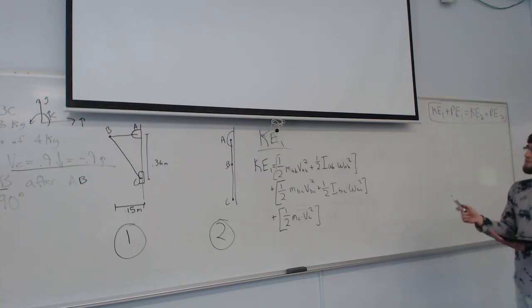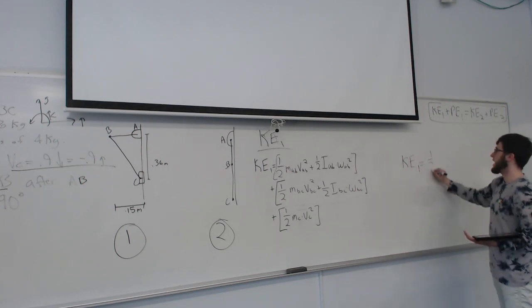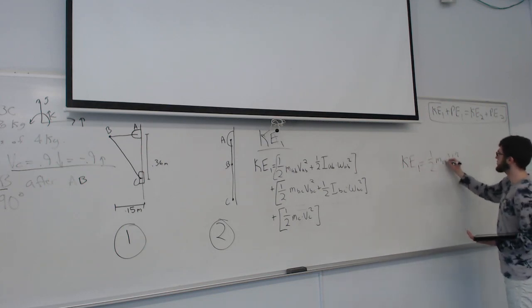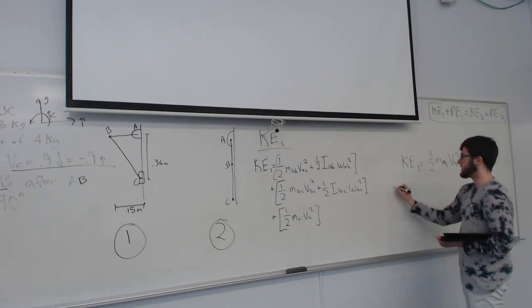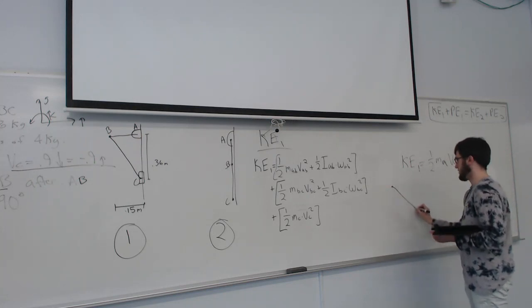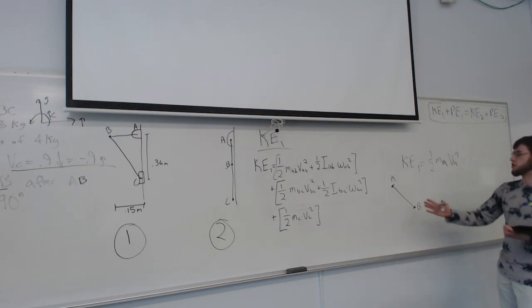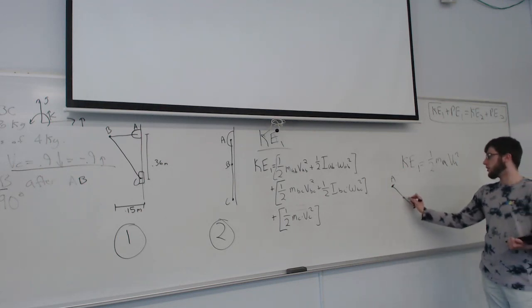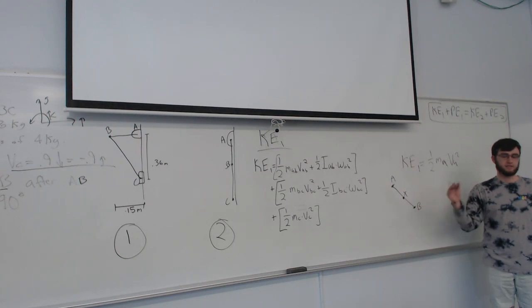So you might have been confused as to why I didn't do kinetic energy of 1 equals 1/2 mass of A times velocity of A squared. Although this is an okay thing, when we're trying to find the velocity, if this is A and this is B, I'm going to quantify this entire rod by calling this right here X, its center of mass.